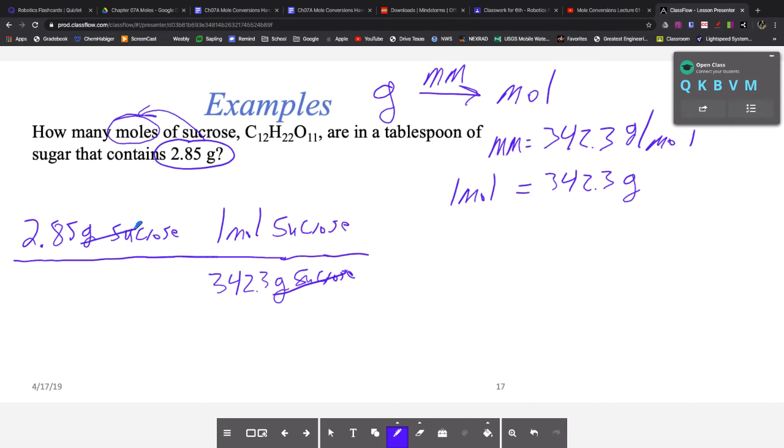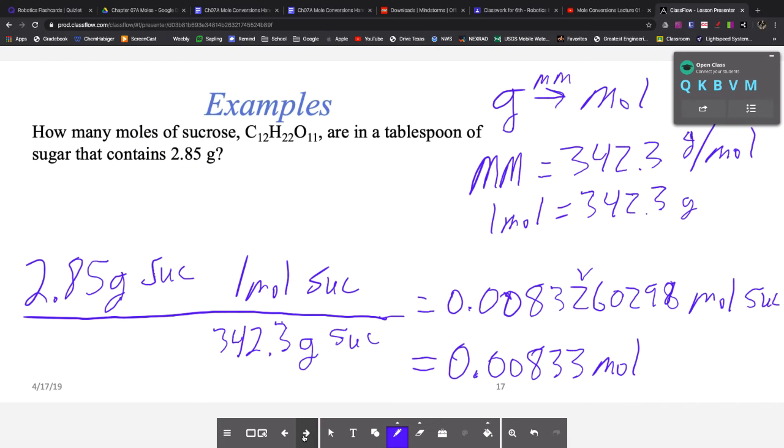So the grams sucrose cancel out. And then since the 342.3 is written underneath the line, that means we're going to be dividing by it. So to solve this, we take 2.85 divided by 342.3, and we get our answer to be 0.008326028 moles of sucrose. That should have canceled out.